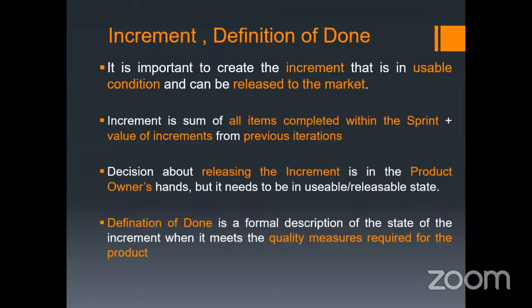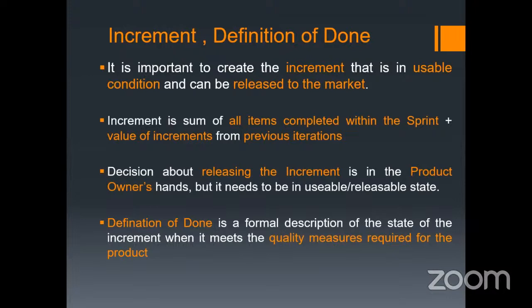But whether that increment will be released to the customer or not will be decided by the product owner, not by the developer. The developer's task is to develop whatever feature we have to develop in that particular sprint.